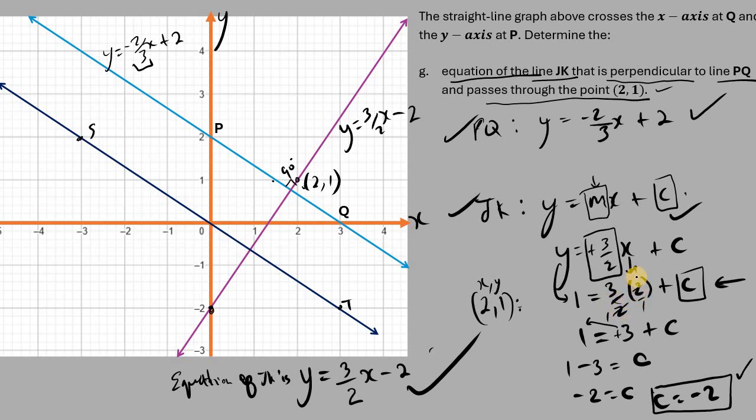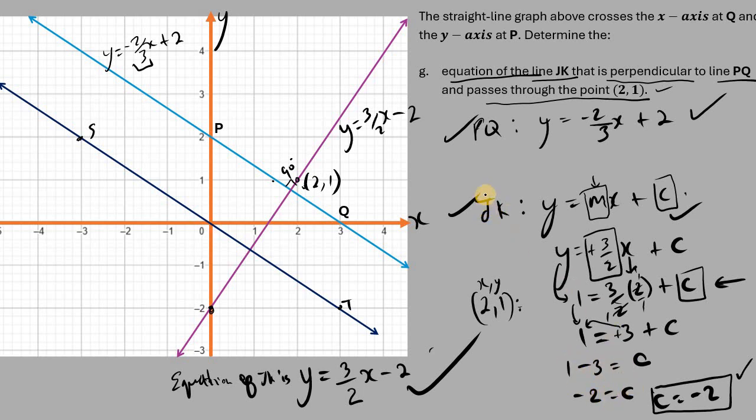Basically 2 into 2 goes 1. And now 3 times 1 is just 3. So we write back the 2 here, write back the 1 here. The 3/2 of 2 is just simply 3. And put back the plus c. Then we transpose the plus 3 over as minus 3. And 1 minus 3 is negative 2. Just be careful of that in your exam. Use a calculator. Answer c is negative 2.